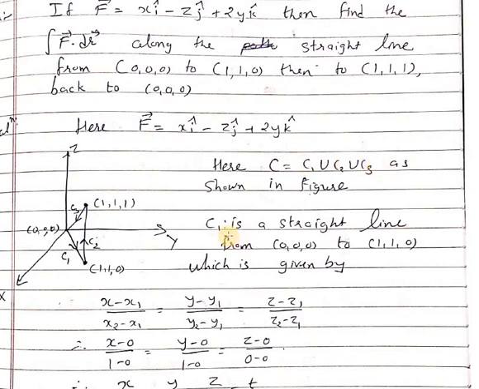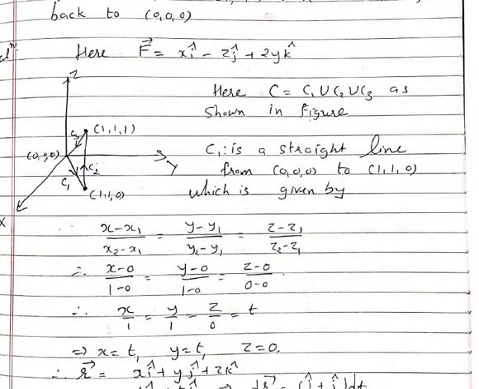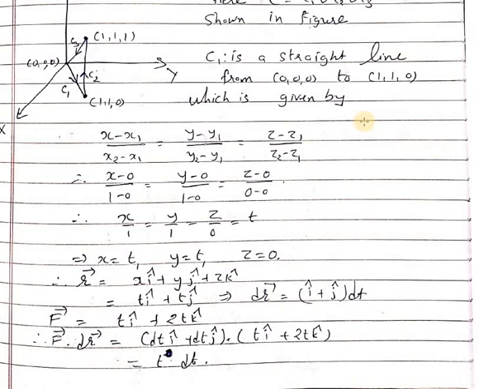Now C1 is a straight line joining (0,0,0) to (1,1,0). The equation of a straight line is given by (x minus x1) upon (x2 minus x1) is equal to (y minus y1) upon (y2 minus y1) is equal to (z minus z1) upon (z2 minus z1).